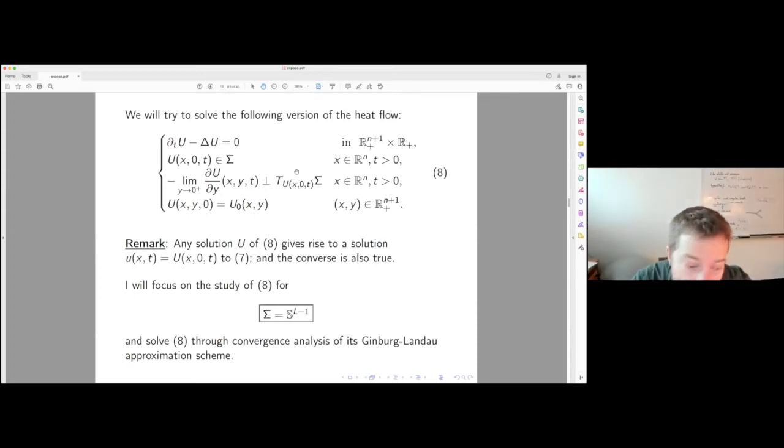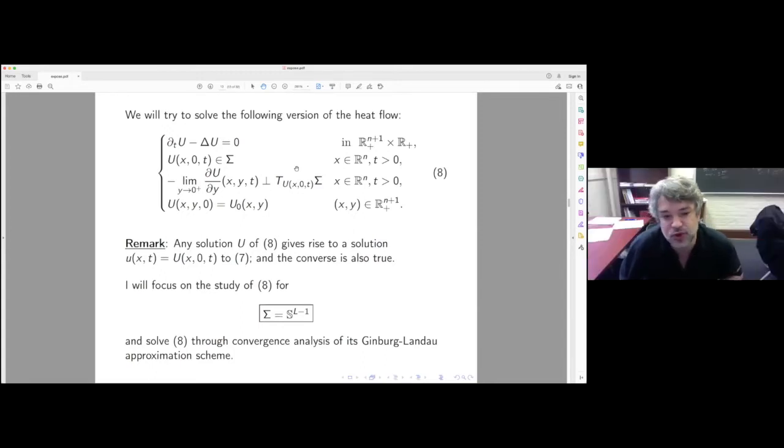Yannick, I have a question. Is it important that you're setting this up in Euclidean spaces, or is it something you could do in the geometric setting? Yeah, you can do it, this is put to simplify my life.